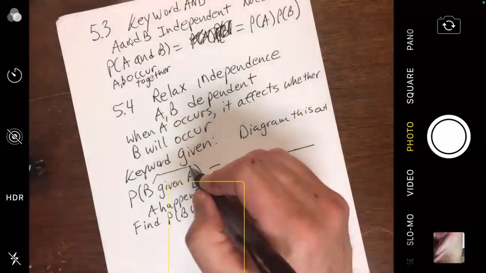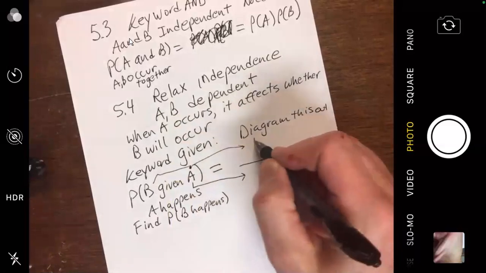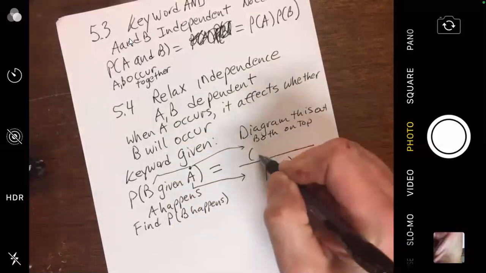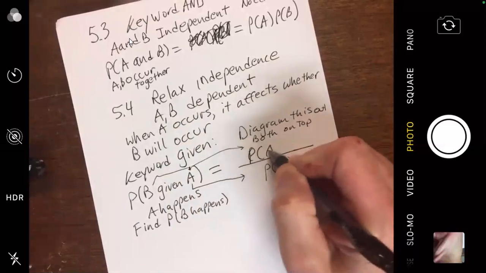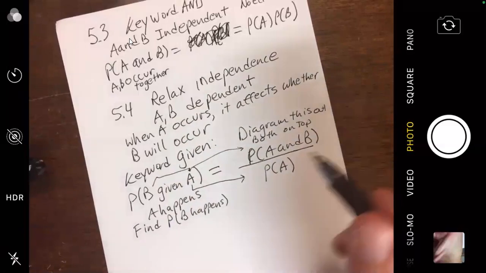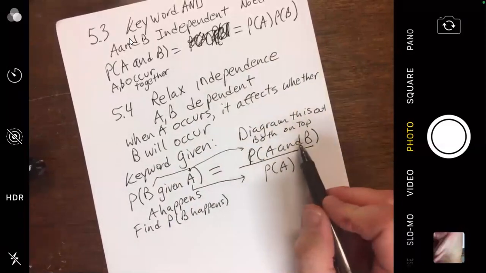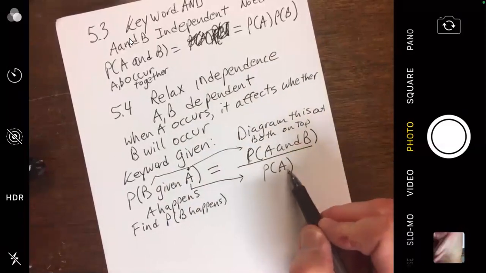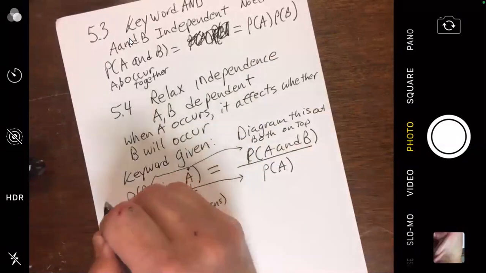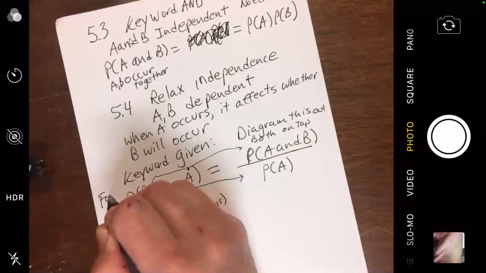So you have both on top, which means the probability of A and B. So you're taking the probability they're occurring together, dividing by the probability of just A happening. Okay, this is formula one, the given formula.